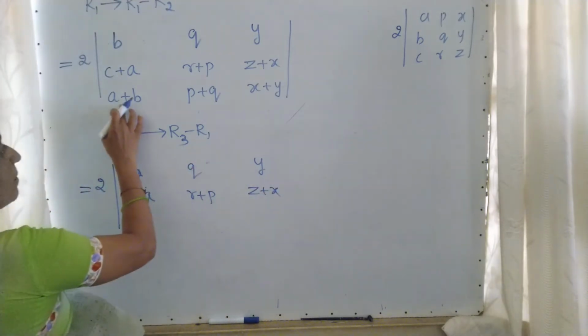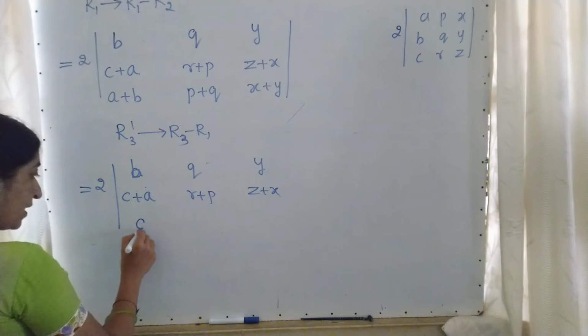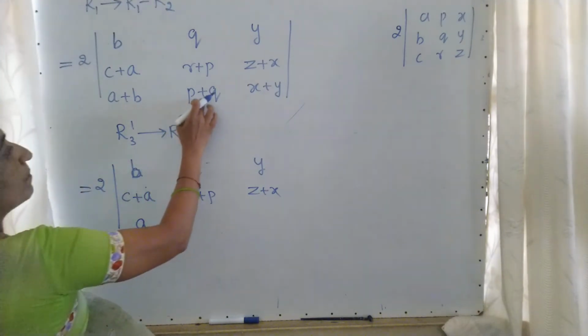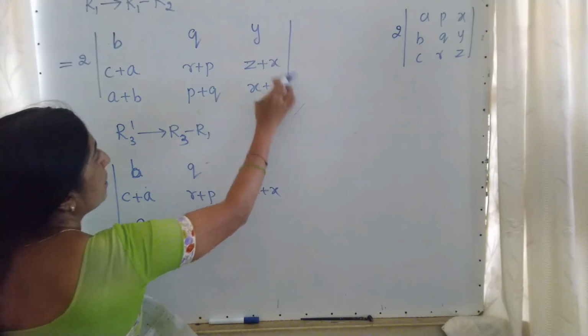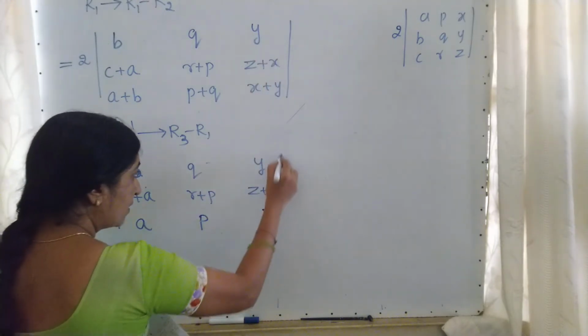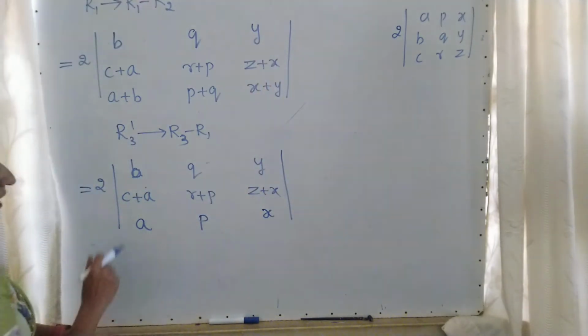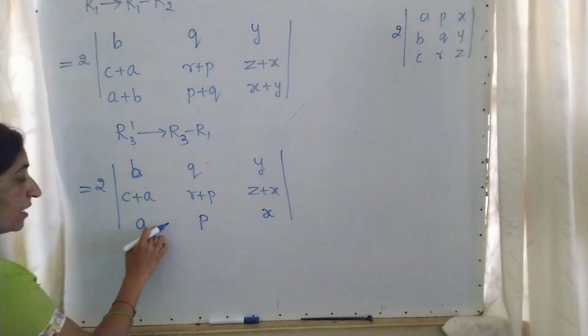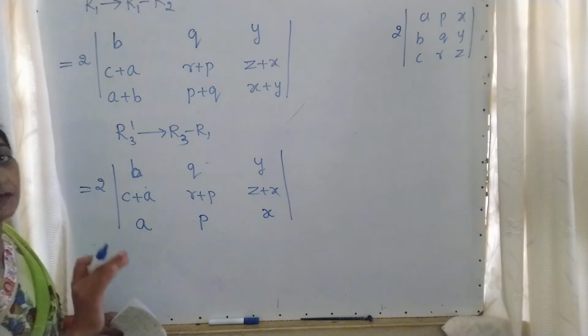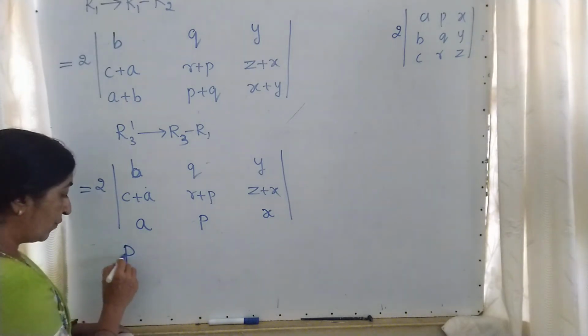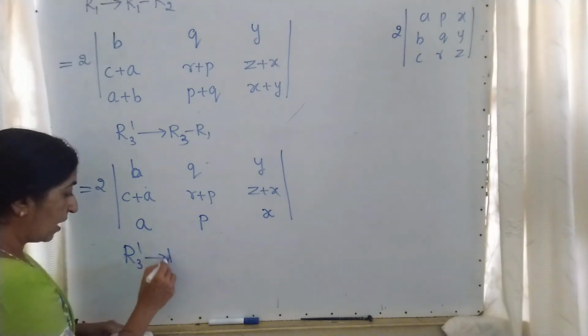Next, A plus B minus B, A is remaining. P plus Q minus Q, P is remaining. X plus Y minus Y, X is remaining. Now I am taking R2 minus R3, not R2 minus R1. If you take R2 minus R1, the terms will not get cancelled.